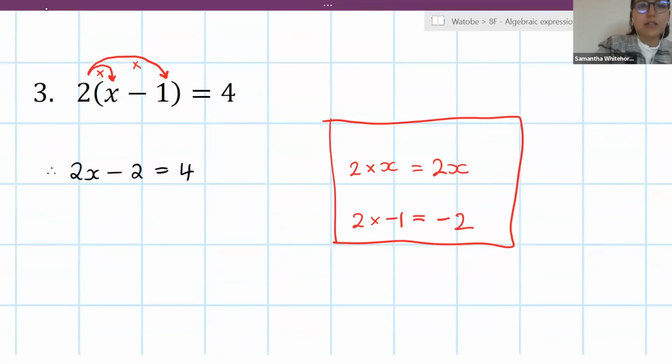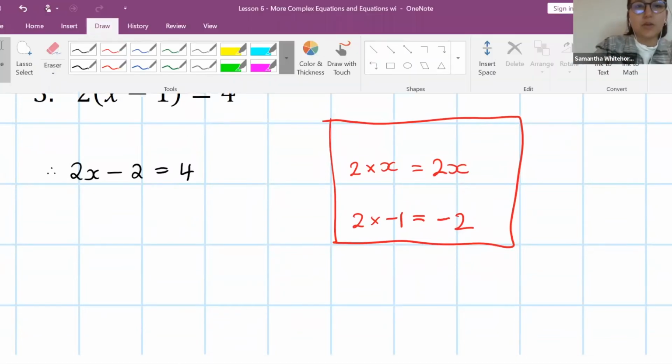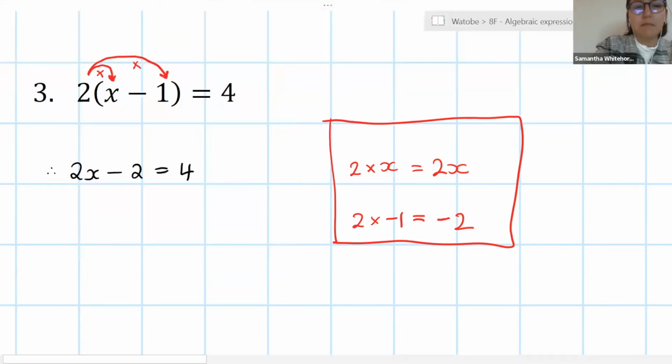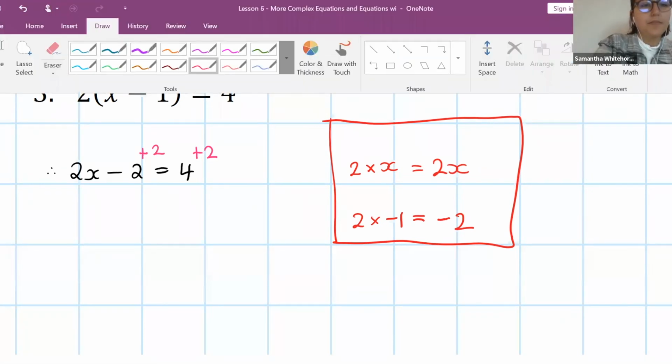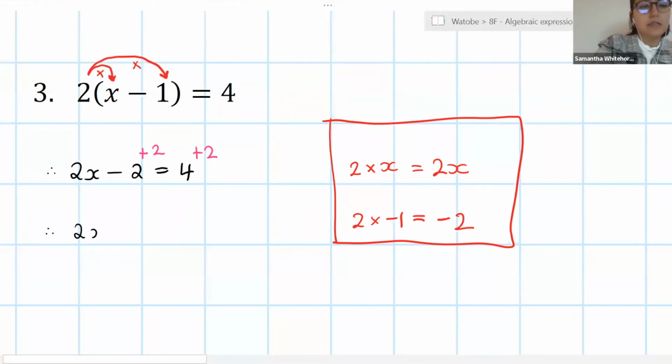The first thing I'm going to do is deal with what's being subtracted. That minus 2 means I must do the opposite and add 2 on both sides. So I end up with 2x, minus 2 plus 2 is 0 so I can leave that off, is equal to 4 plus 2, which is 6.